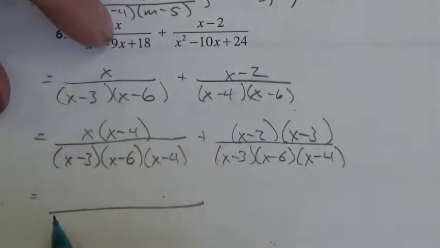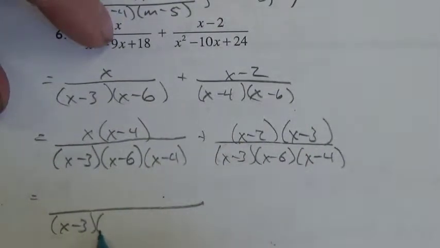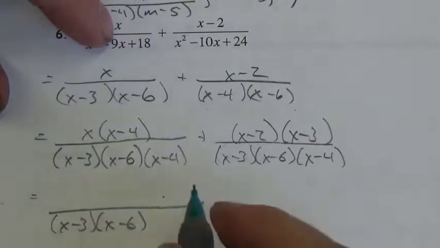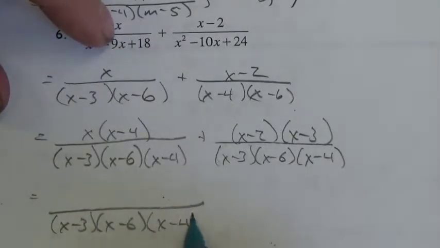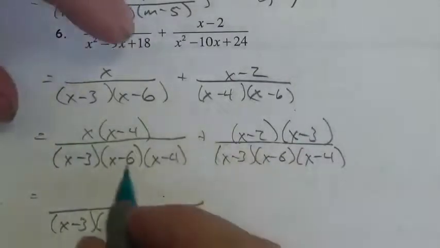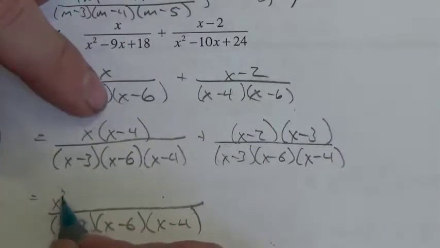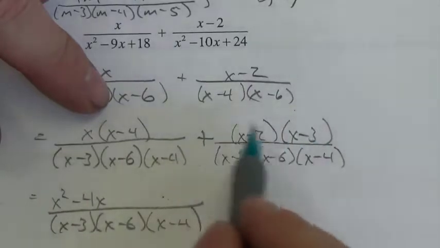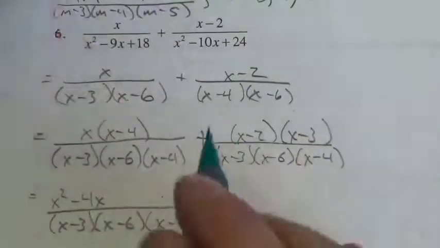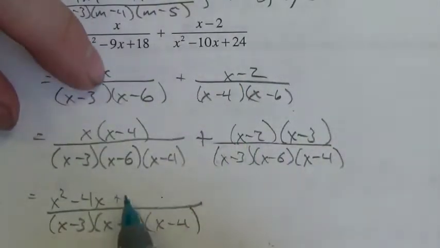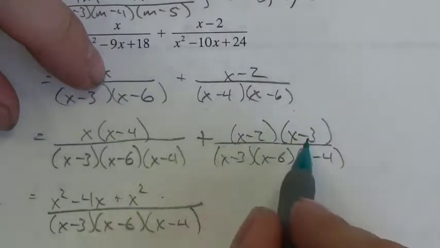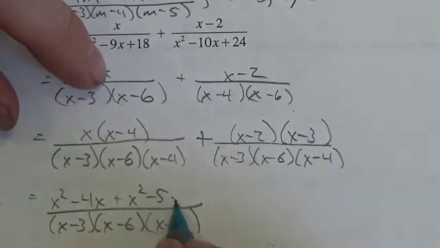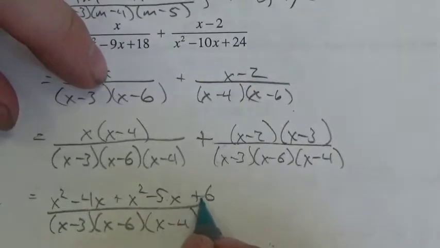Now, both of those are over the same denominator, so I can simply write them over the same denominator. Now, multiply that through, I'm going to get x squared minus 4x. Because of the addition in between, all the signs are going to stay the same. So this will be x squared minus 3x minus 2x, so minus 5x plus 6.